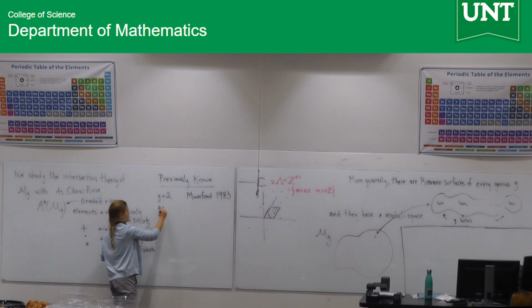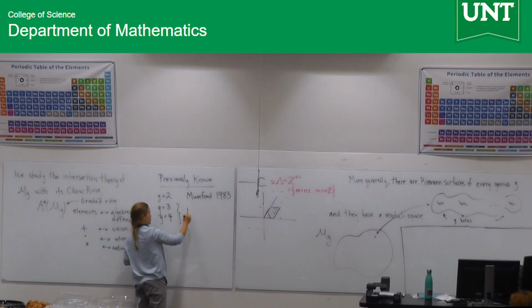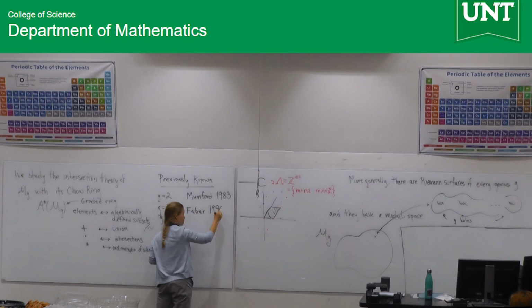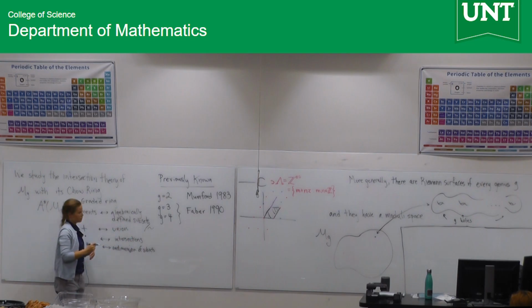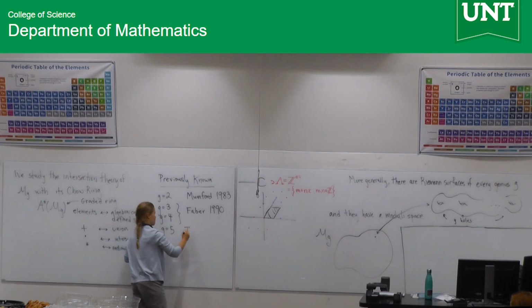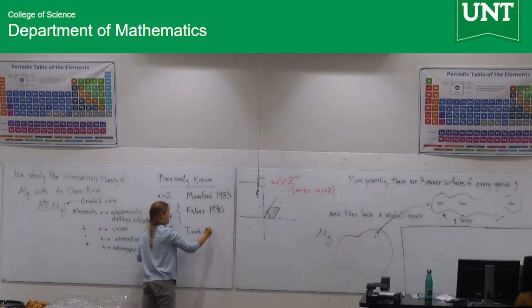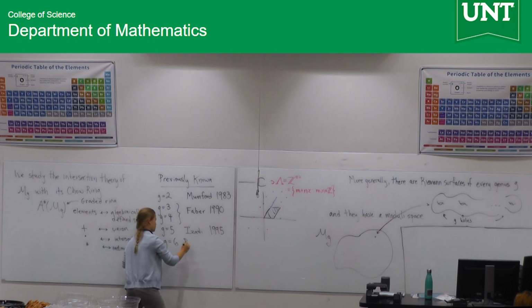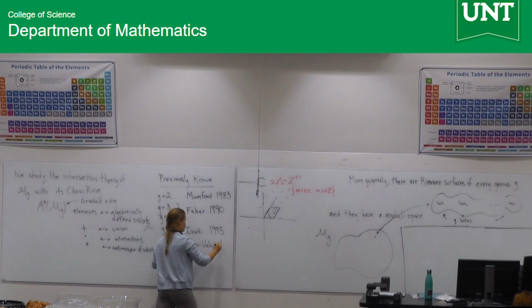And then for genus 3 and 4, there are two papers of Faber from 1990 that determine that Chow ring. g equals 5 was determined by Izadi in 1995, and then g equals 6 by Penev and Vakil in 2015.